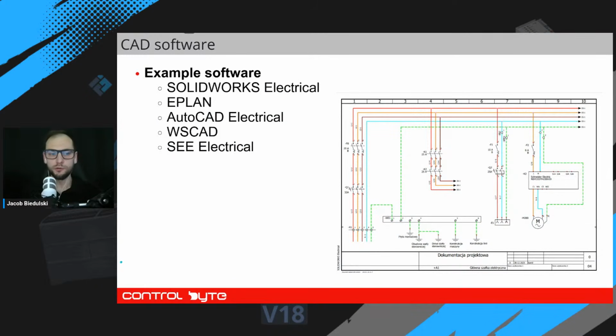If you want to work in industrial automation, the first thing you should learn is to read electrical diagrams. This is the essential skill that every young technician, young engineer should have.